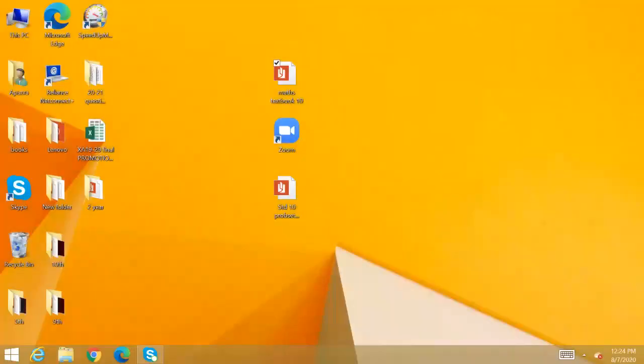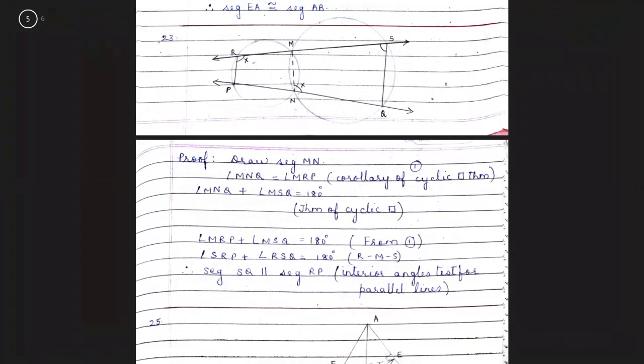Now, for the proof, draw segment MN. Angle MNQ is equal to angle MRP. This is a corollary of the cyclic quadrilateral theorem, equation number 1.